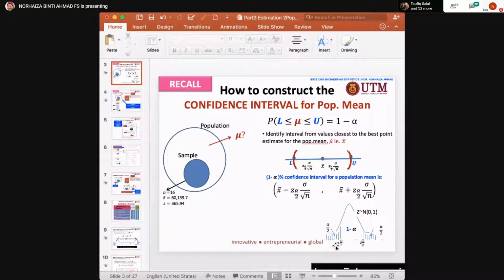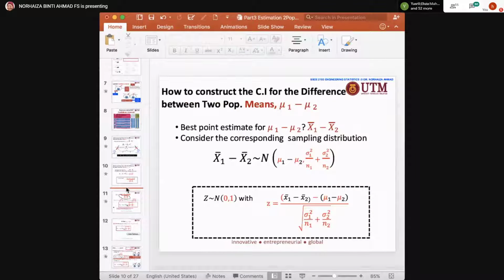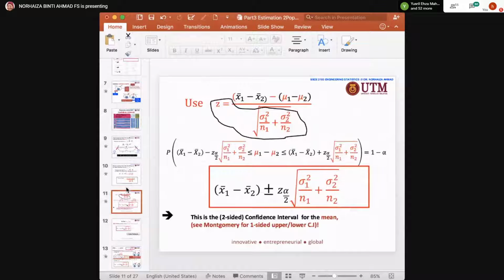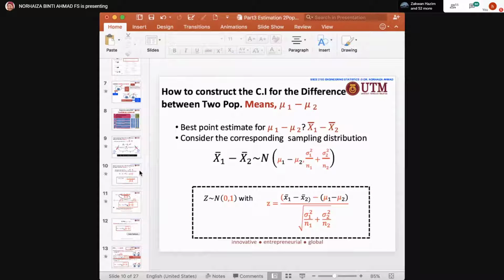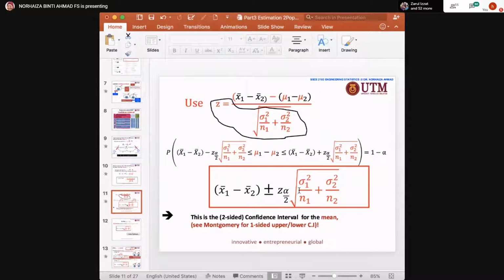That's why it's minus Z and plus Z. Okay, right. Going back here, that's a two-sided confidence interval. Note that if it's one-sided, then it has to be alpha for one side. But most of the questions we're going to ask you will be on the two-sided confidence interval.